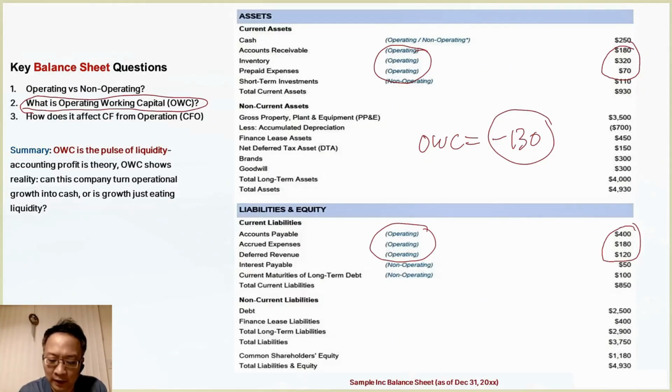So, other things being equal, you want your OWC to be as negative as possible. Why? You want your accounts receivable to be as low as possible. You want revenue, sales, to be cash transactions. You want to receive 100% cash. You don't want to wait 30 days for your first installment, then another 60 days for your second installment.